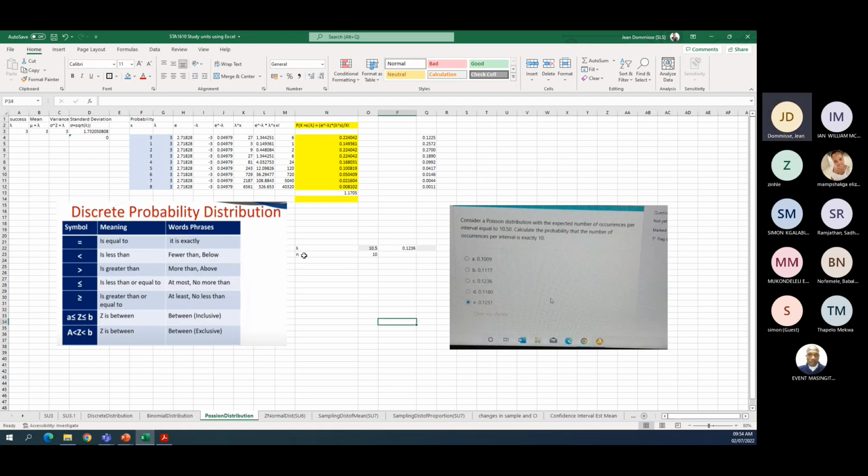Lambda 10.5, n was 10, and that is your probability, 0.1236.